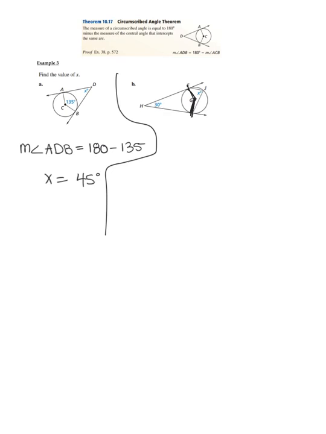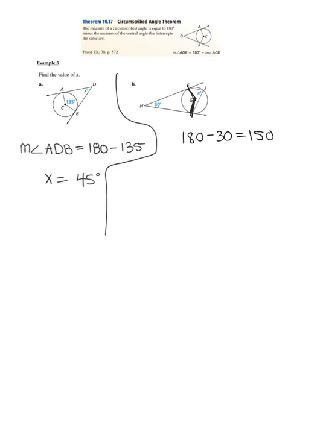Now, if you were to do this, then you have your circumscribed angle is 30. You can find your central angle by subtracting 30 from 180, right? Using the circumscribed angle theorem. So if we do 180 minus 30 degrees, that's going to give us 150 degrees, right?